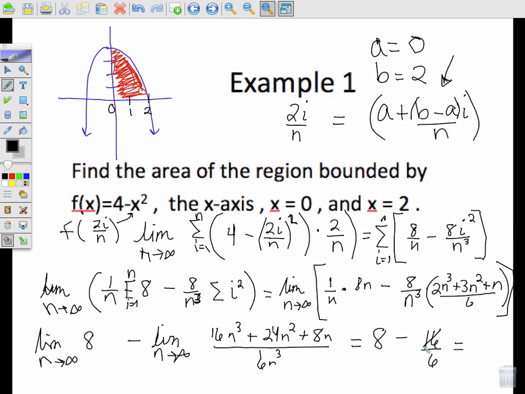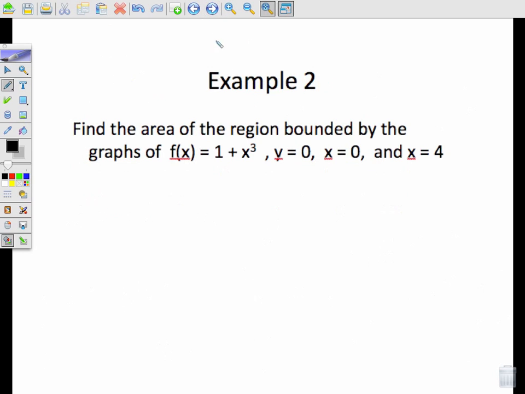If you want to evaluate that, 8 minus, and you can even reduce this down to 8/3, and then change to the common denominator, 24/3, minus 8/3. So 16/3 is our final answer. That's the area of this curve underneath the interval from 0 to 2.